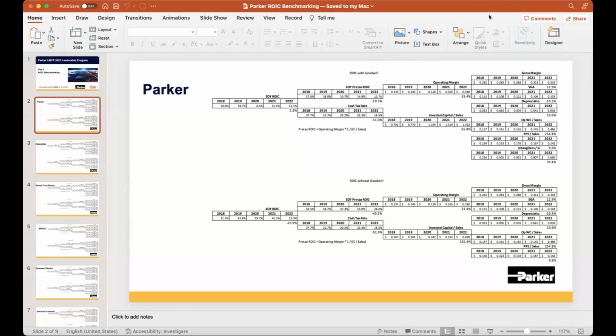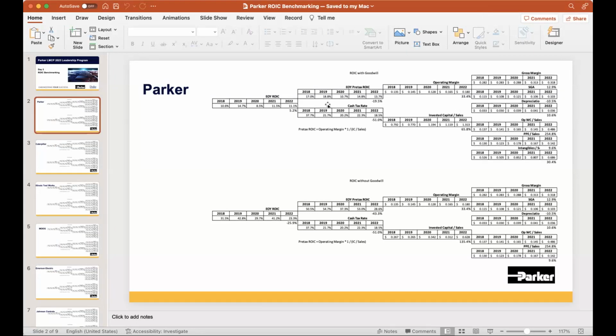All right, so we'll start with the goodwill section. Their end of year ROIC went from 10.6% to 11.1%, which is a 5.2% increase. On the second level, we can see that their pre-tax ROIC went down from 17% to 13.7%, which is negative 19.5%. It's kind of clear here.